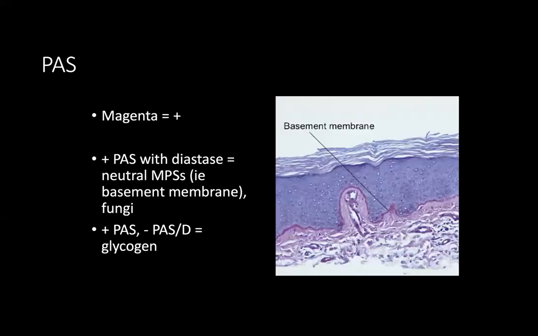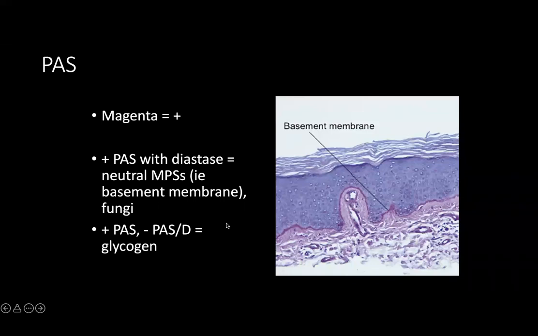Here's your example of the PAS. You can see when it's positive, it's a magenta color. So it highlights the basement membrane. As I said, positive PAS with diastase treatment means that the diastase did not dissolve the PAS signal. That's present in neutral mucopolysaccharides in basement membrane as well as fungi.